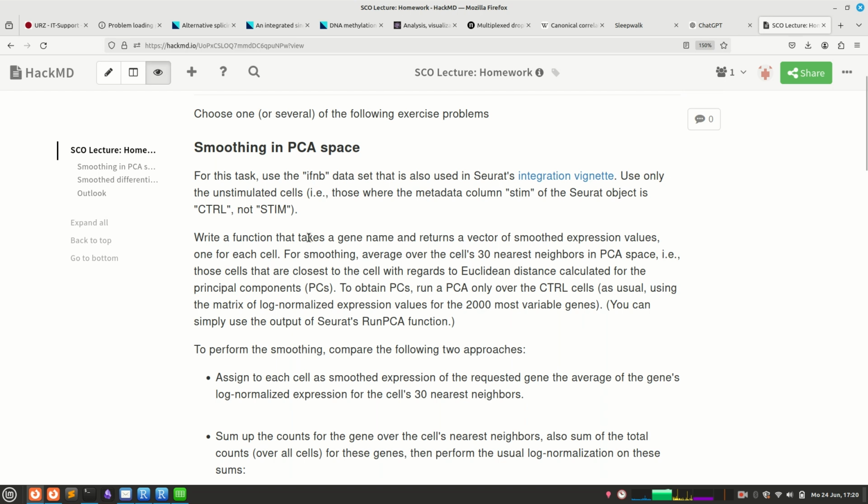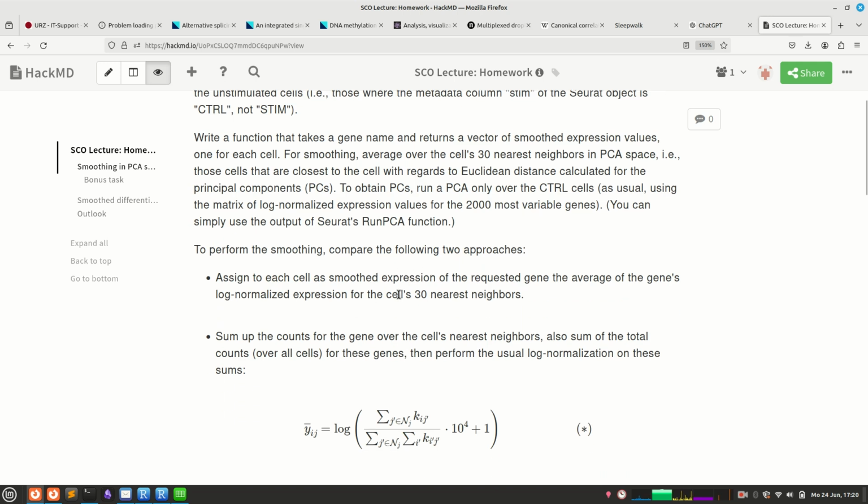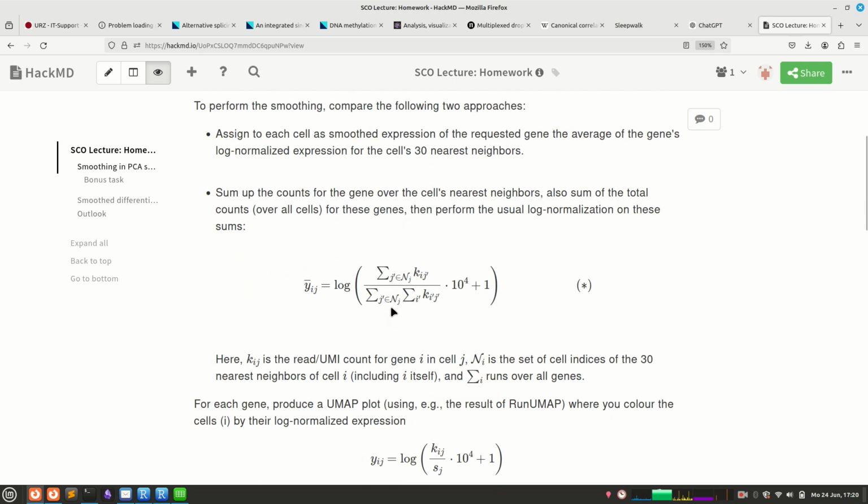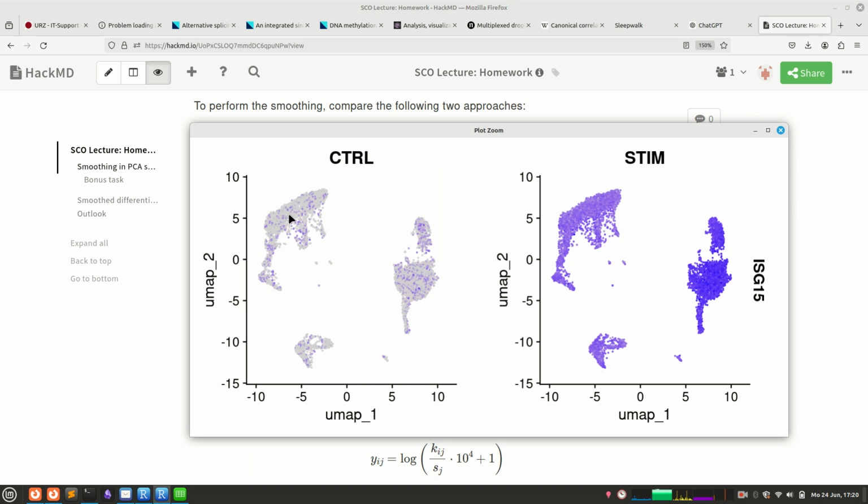So the way I do that is, the easiest thing is, of course, I make a plot as it is here, color each cell by its own expression. The second possibility is, for each cell, I color the cell by the average expression over its 20 nearest neighbors.